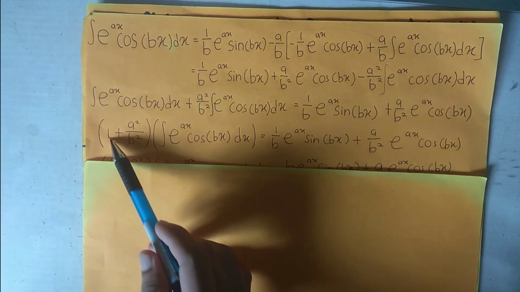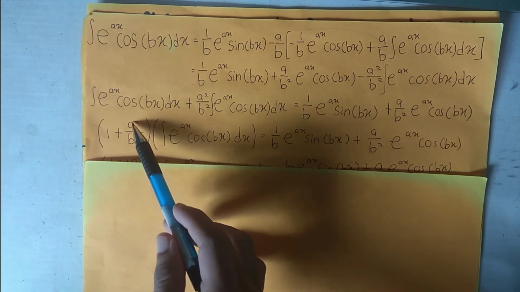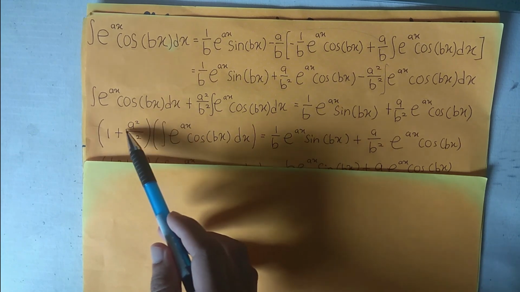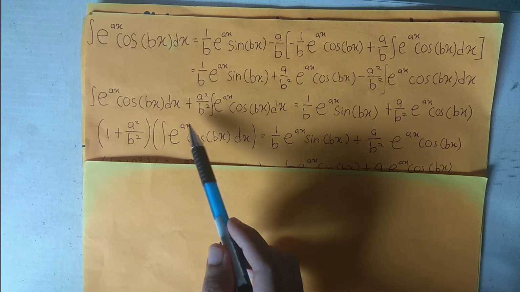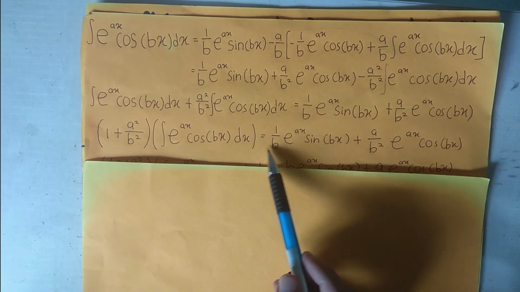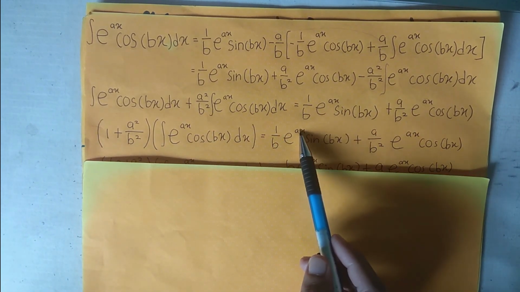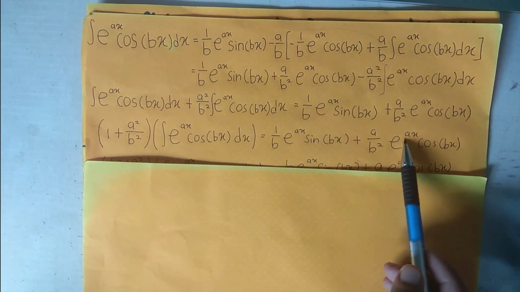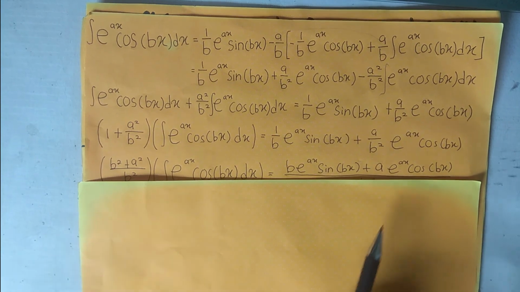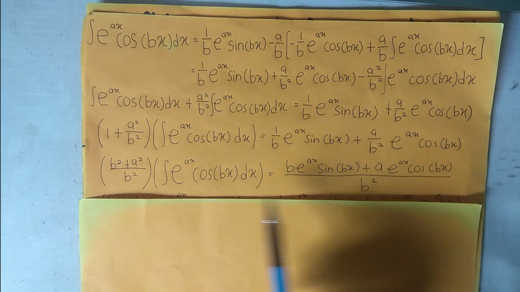We get 1 plus a square over b square times the integral of exponential power of ax cos bx dx equal to 1 over b exponential power of ax sin bx plus a over b square exponential power of ax cos bx.